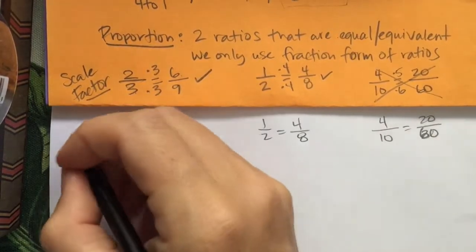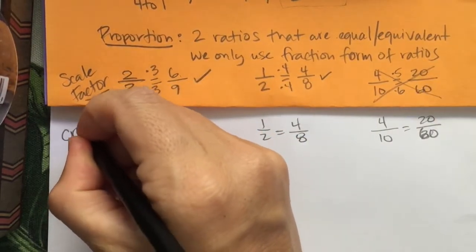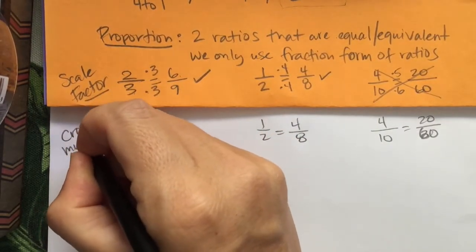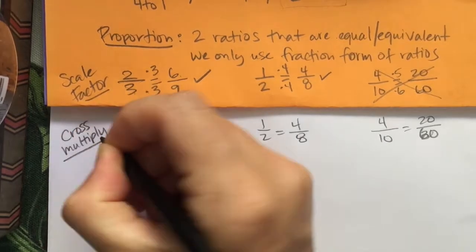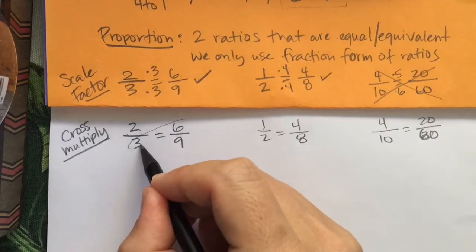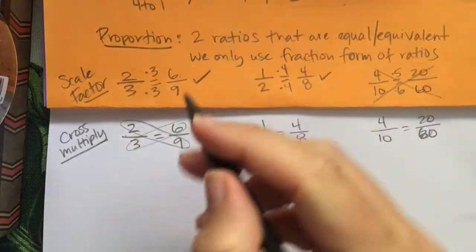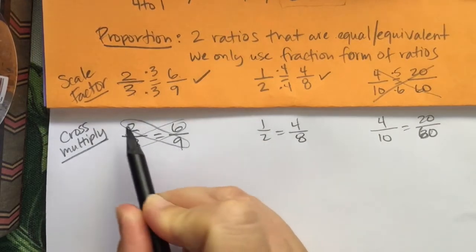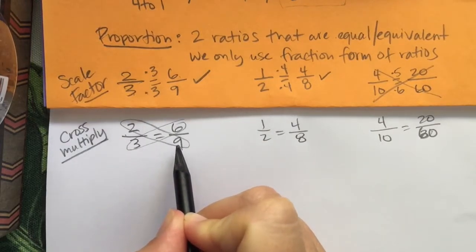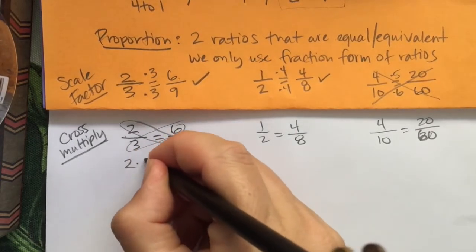Okay. So we call it cross multiplying. Maybe some of you remember it. So cross multiplying, we are simply multiplying the numbers diagonal from each other. It doesn't matter which numbers you do first, as long as you're doing the numbers diagonal. So I'm going to start with 2 times 9. 2 times 9 is 18.